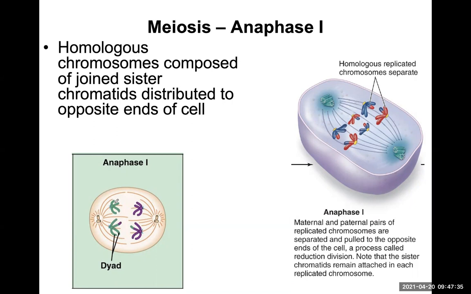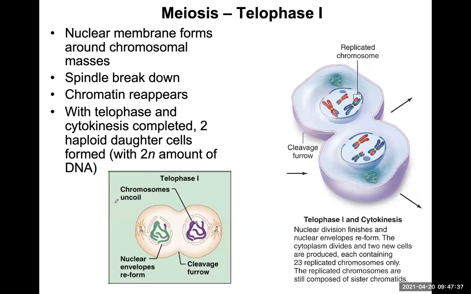Such that at the end of telophase 1, which is pretty much just telophase, you get the development of the cleavage furrow, and then cytokinesis will take place. After telophase 1 is completed, you're going to have two separate cells. And here again, another asterisk to yourself, two separate cells that are haploid cells.